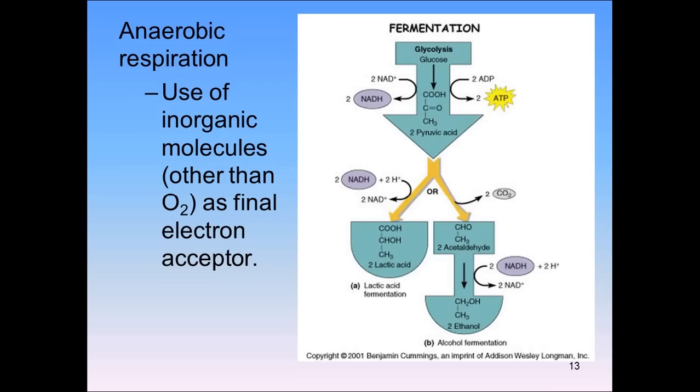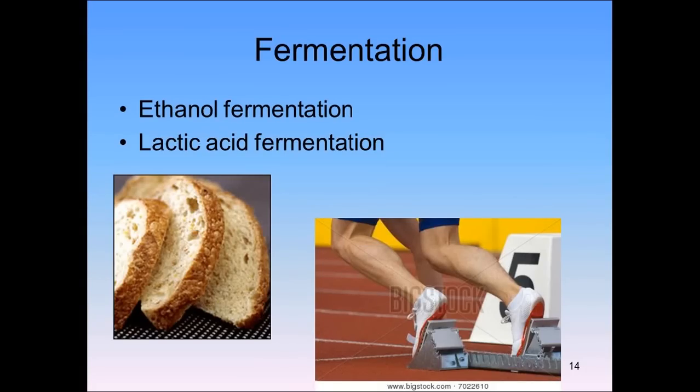Since they can't carry out any of the processes that require oxygen, they can only make 2 ATPs. This wouldn't be enough energy for the cell, so they continue on, but their process will be different, and it will be called fermentation. There are two types of fermentation: ethanol fermentation and lactic acid fermentation.